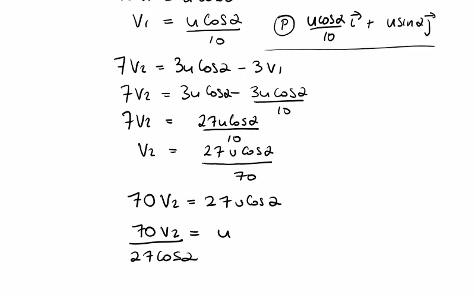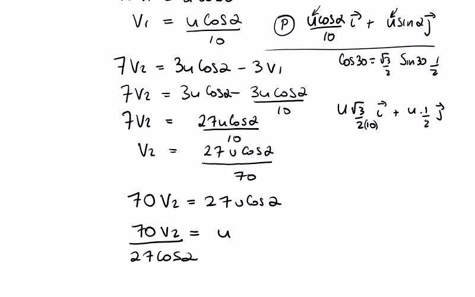The cos of 30 is root 3 over 2, and the sine of 30 is a half. So that's root 3 over 20 in the I direction, and U by a half in the J direction.